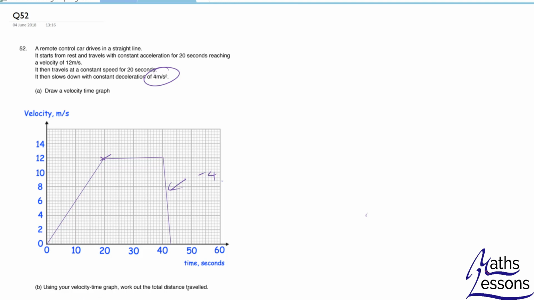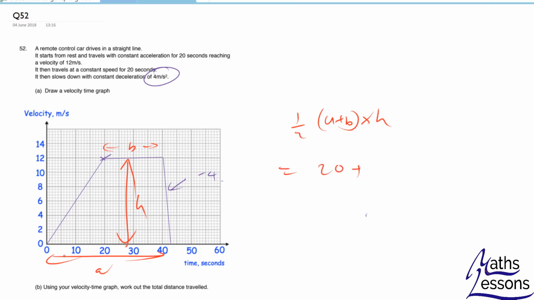Using your velocity time graph, work out the total distance travelled. So we need to find the area of this triangle. Well, you can do it actually an easier way, a trapezium. We've called this A, call this B, and it's just equal to a half A plus B times the height, which equals, now B was 20 and the base is 43, times a half times the height, which is 12.